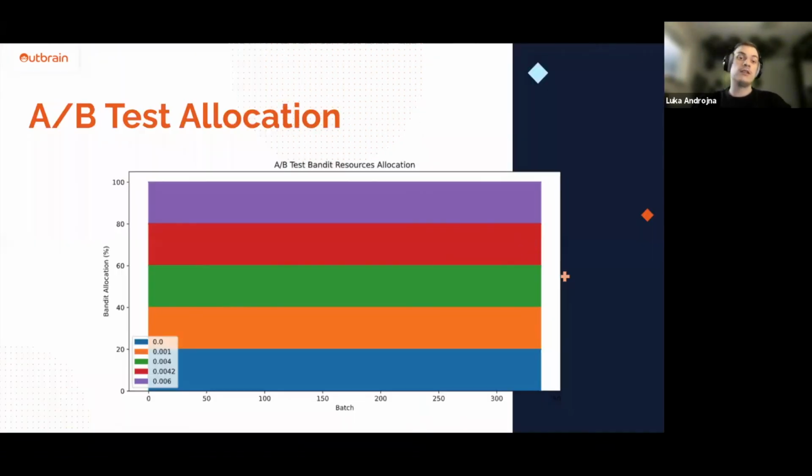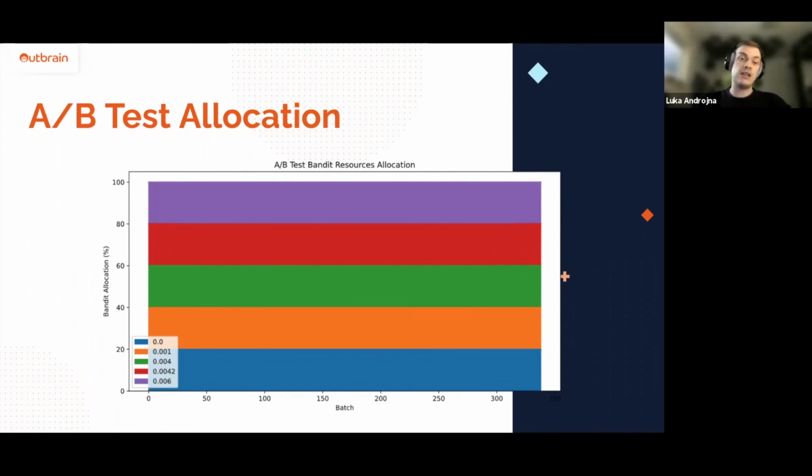If you look at the resource allocation for A/B tests, you can see that it's quite uniform. That's something not only expected but needed. If you're running online A/B tests or split tests, you want to see this in some kind of metric that you're looking at.